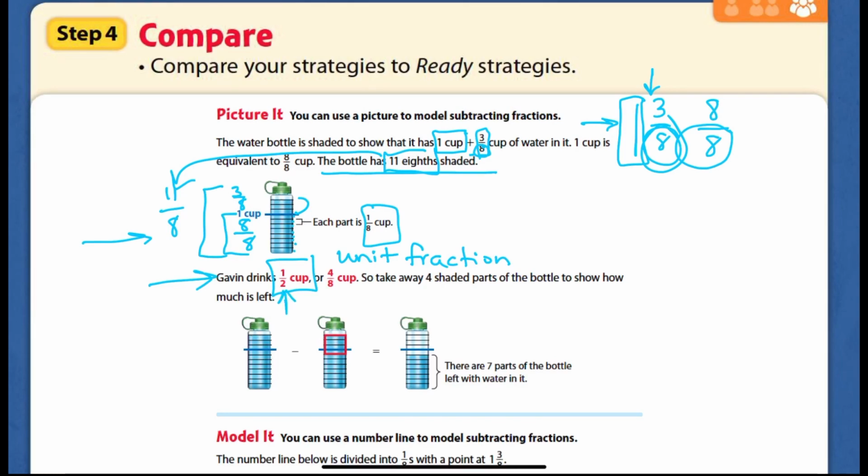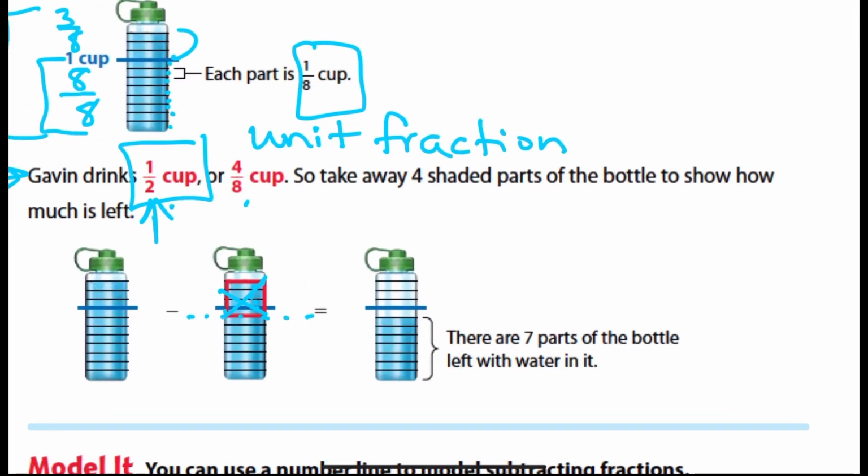So how can we make 1/2 into 8s? Well, we know that half of 8/8 would be 4/8, right? So just take away 4 of the shaded parts of the bottle to show how much is left. So 1, 2, 3, 4, those 4/8 or the 1/2 can be taken away because that's how much he drank. And then you just count right here to see how much is left.